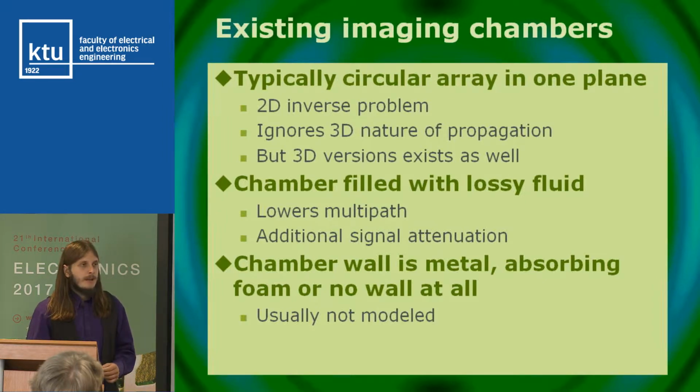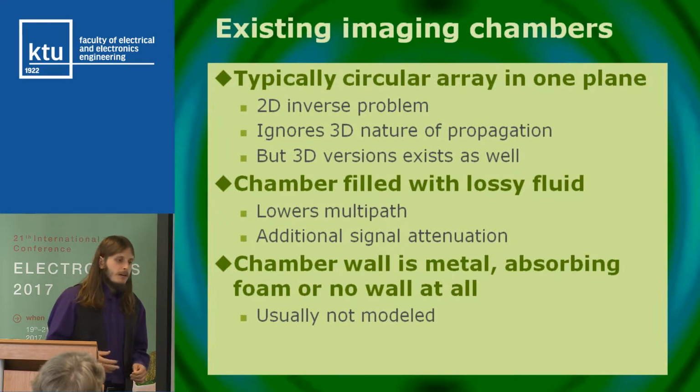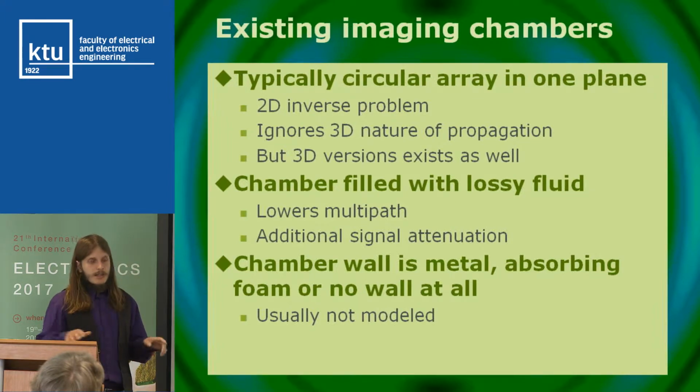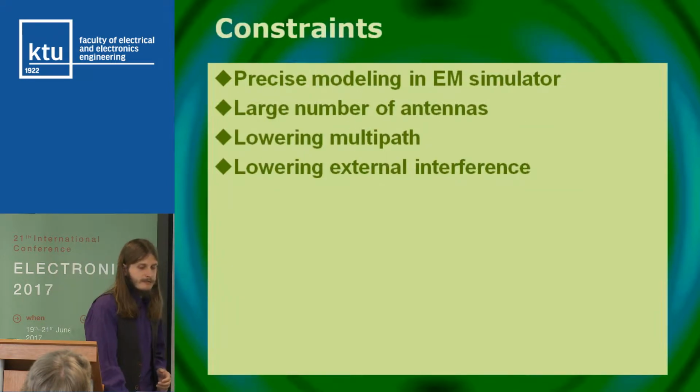That multipath masks scattered waves from the object, which makes an additional problem for imaging algorithms, but the fluid adds attenuation. Also, in some cases there is a metal wall around the chamber and in some cases there is none, and in many cases the outside of the imaging region is not modeled, like the antennas themselves.